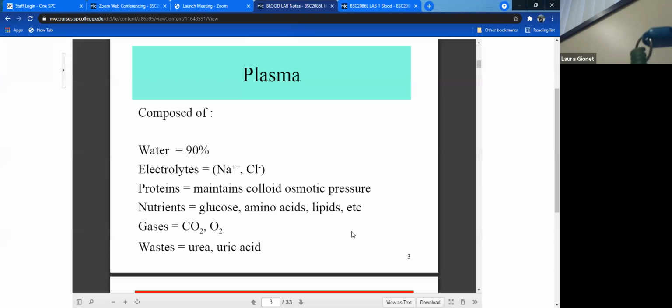And then we have nutrients, such as glucose, amino acids, lipids, really anything that has to be transported from one organ to another is going to be put into blood to be transported from one place to another. Blood transports gases, actually gas is just dissolved in the plasma, like carbon dioxide and oxygen, and it transports different waste products like urea and uric acid.